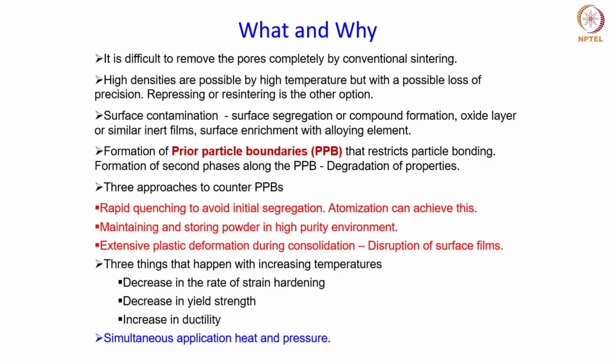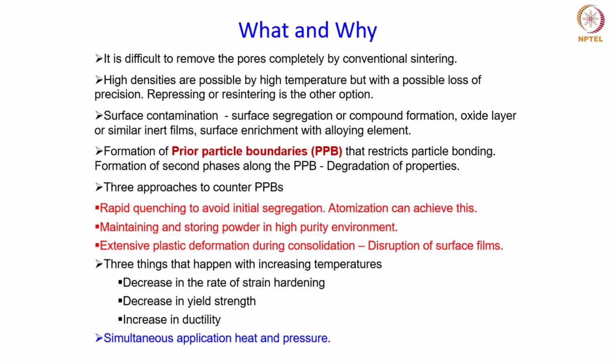All right, so before we wind up this class, let's take a quick summary of today's learning. We have seen today that in conventional solid state sintering process, it is difficult to achieve full densification, and therefore we need alternative sintering techniques which can achieve full density.